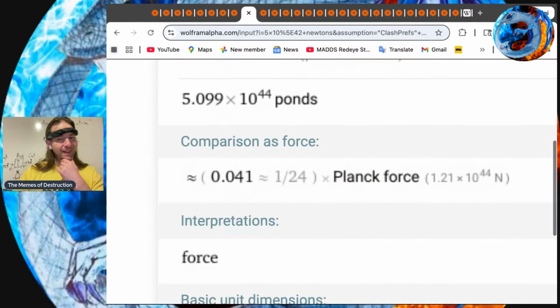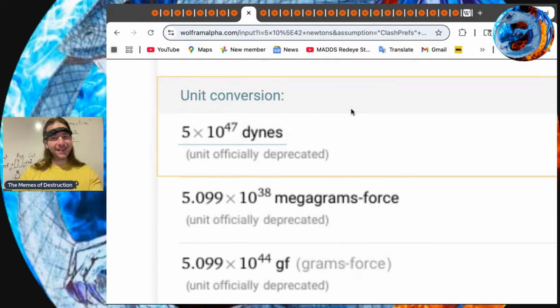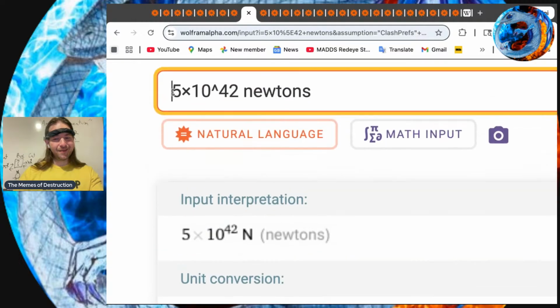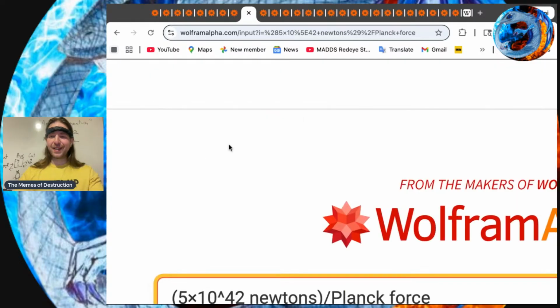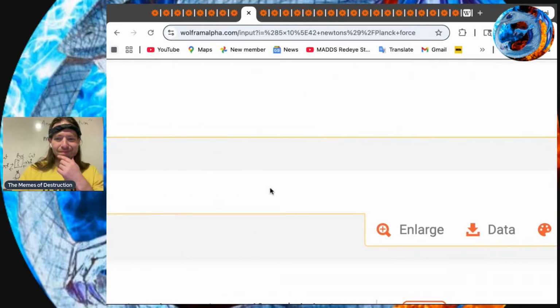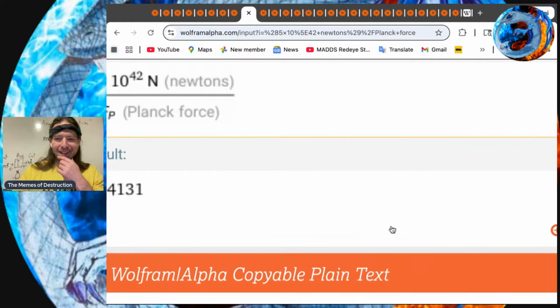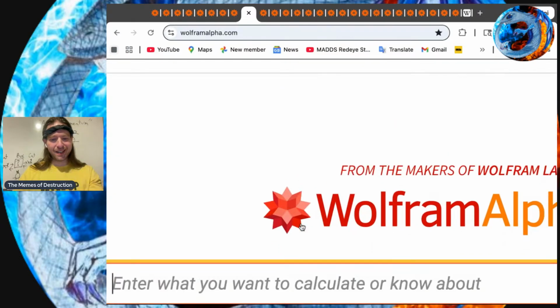Okay. Oh, it looks to be about the magnitude of the Planck force. All right, well, let's divide it by the Planck force. What do we get? It's like 25 something. Okay. We get this little number here. What might this little number be?